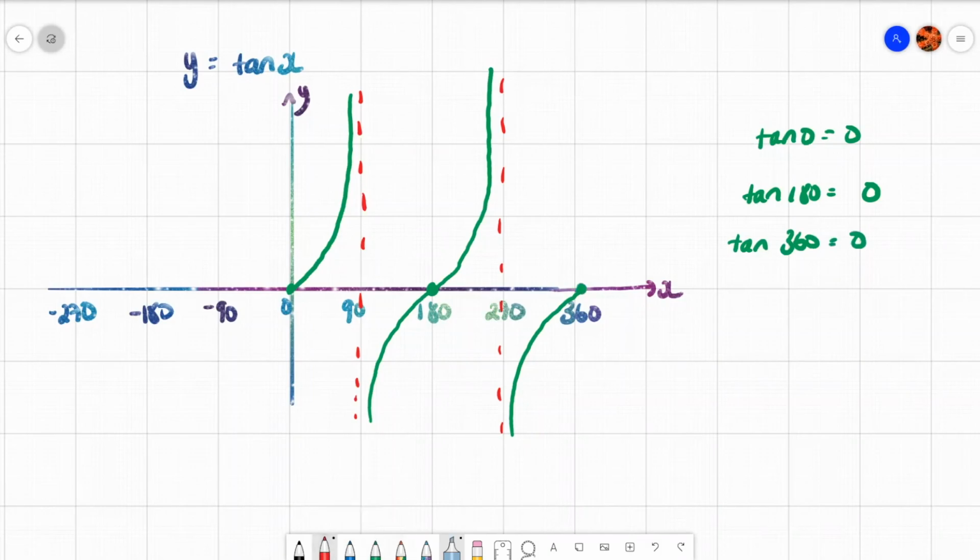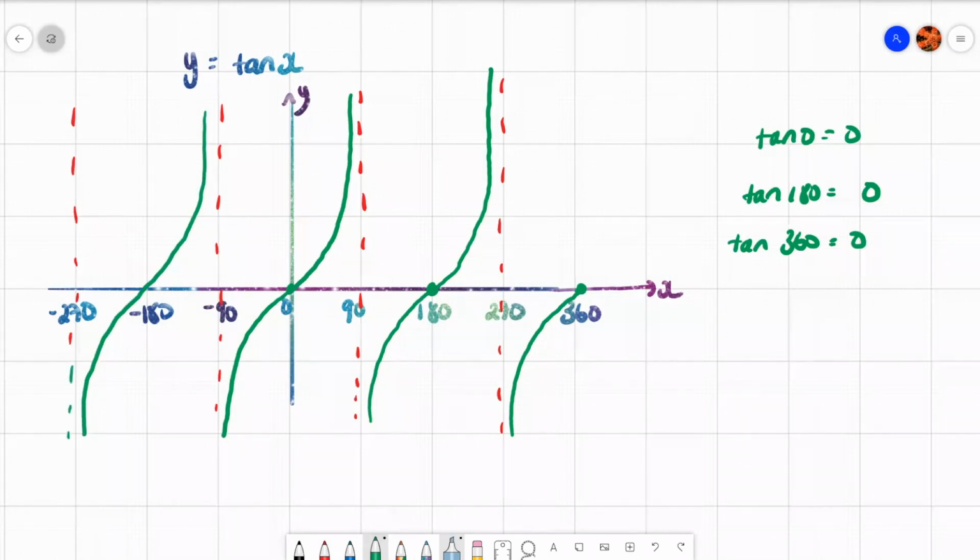If you were to extend this graph, your asymptote will obviously also be at minus 90 and minus 270. And then I'm just going to extend that there, and obviously it's the same this way, like that. And if you type in tan minus 180, you get 0 on your calculator, and therefore that's why it crosses there at 0.